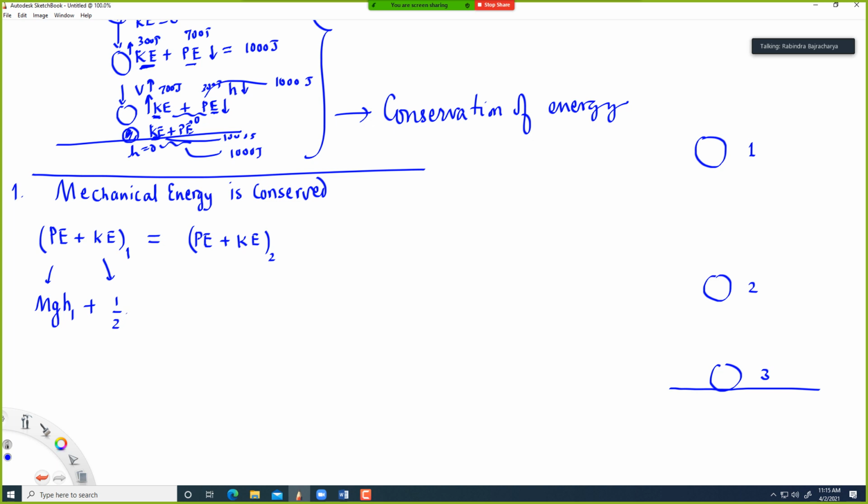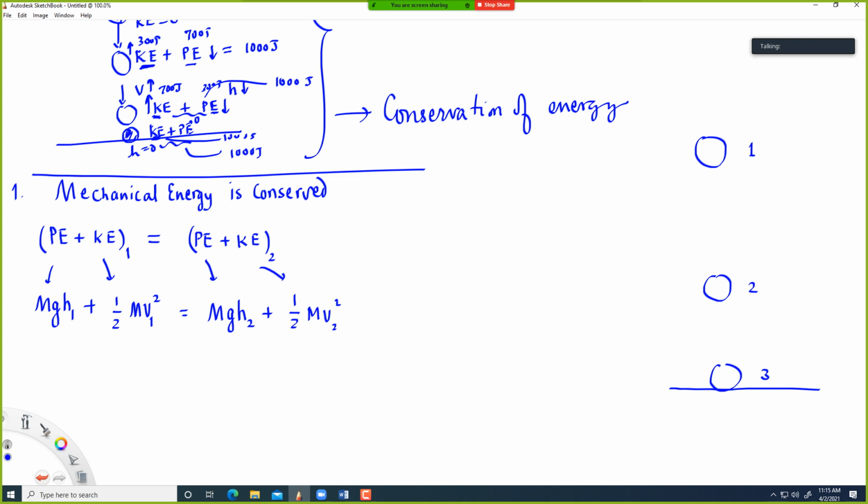What's the kinetic energy at 1? The formula for kinetic energy is 1/2 m speed squared. I'm using the subscript to denote that this is for point 1. And potential energy at point 2, the formula for potential energy is mg at point 2, its height h2, plus kinetic energy 1/2 mass times speed at 2 squared.